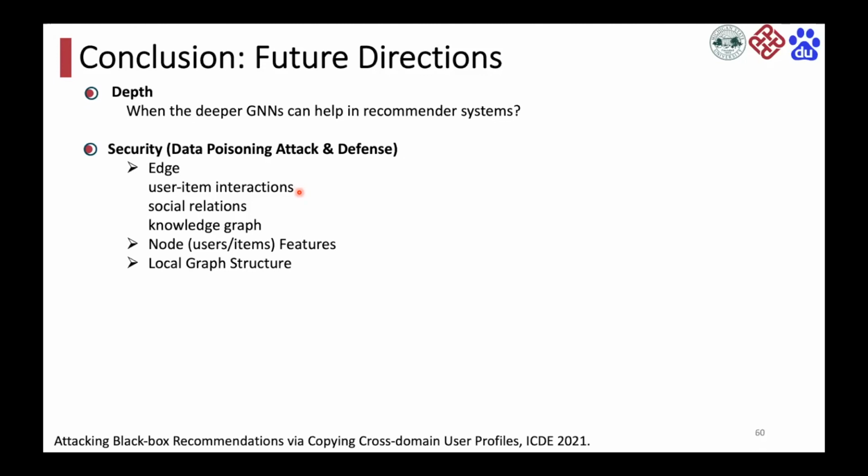Second, recently we find that deep recommender systems are vulnerable to adversarial attacks, and the attacker can add some adversarial perturbation in the user-item graph or the user social graph, so as to manipulate the user's decision. This perturbation can be fake user-item interactions and social connections, to perform a data poisoning attack.